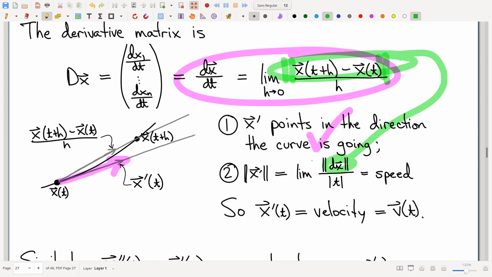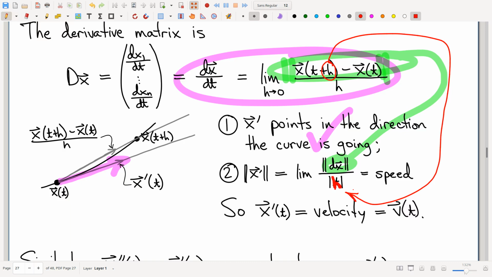The denominator here, and I do have a typo here that I didn't have a chance to fix yet. This t here should be an h. That's this h right there, which of course is the same as that h, and that h, you'll notice, represents what you might call the elapsed time between where I started and where I went to.